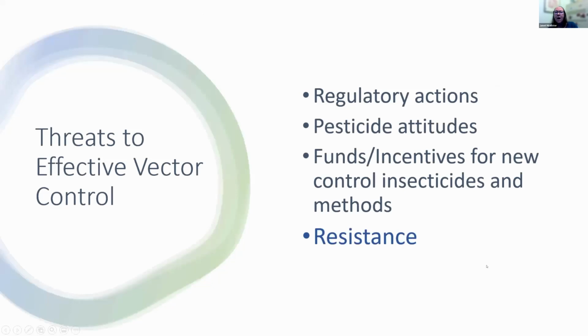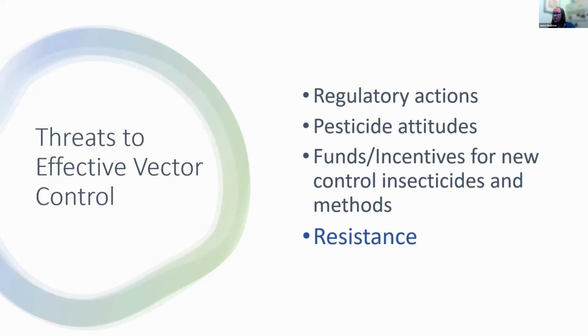Okay, there we go. There are a lot of threats to effective vector control that are out there. There are regulatory actions, whether you can use a particular insecticide or not, what amounts you can use. There are pesticide attitudes. There are groups of citizens who may have a very bad impression of some of the tools that we use to control mosquitoes.